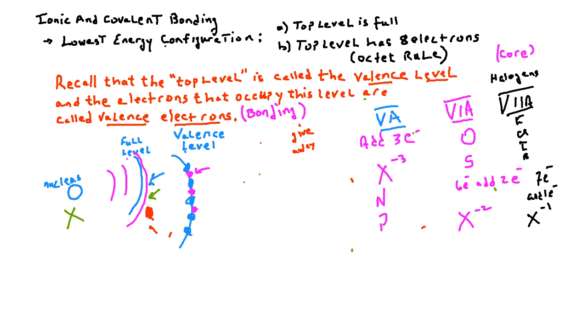So let's write that. And this is what we call an ionic bond, because you're making 2 ions. Ionic bond is between a metal and a nonmetal.